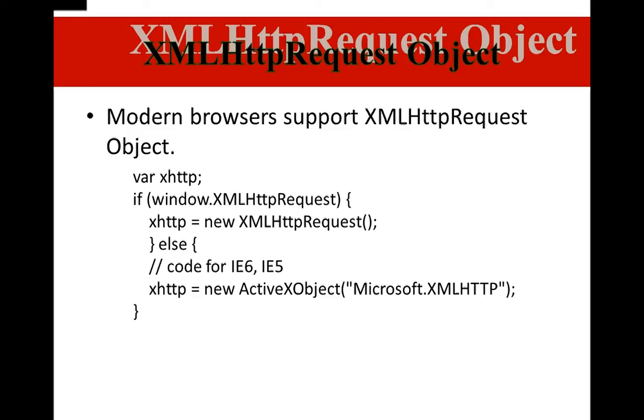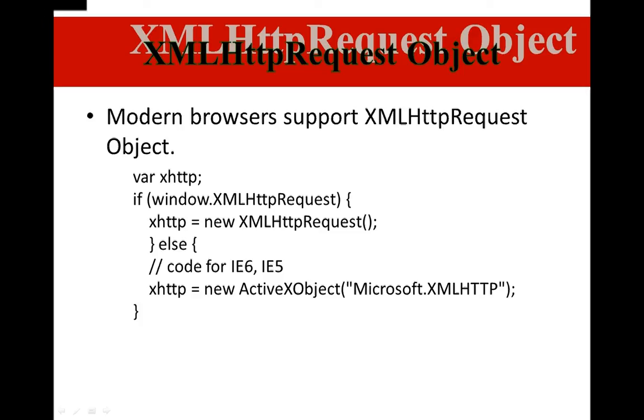Coming to the procedure, first we have to create the XMLHttpRequest. All modern browsers support the XMLHttpRequest object. To create the XMLHttpRequest object, this is the code. window.XMLHttpRequest means that if the browser contains this object, then we create the object for that.